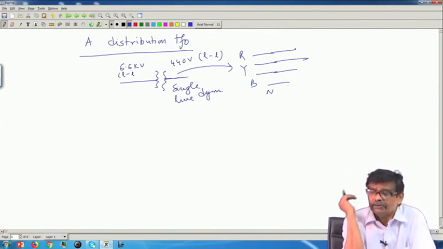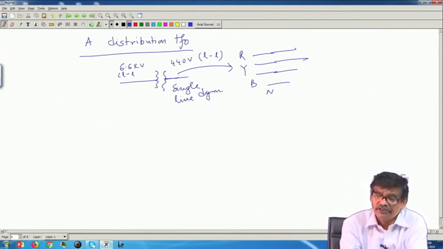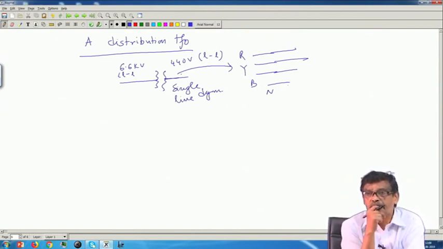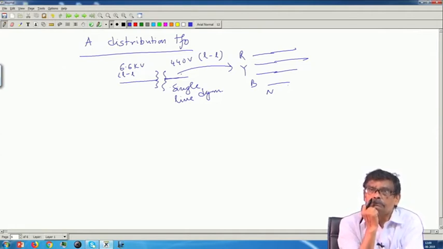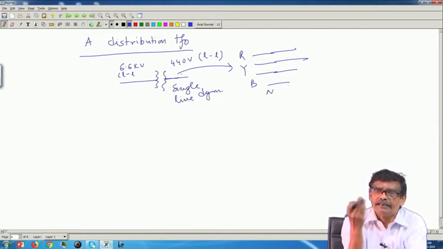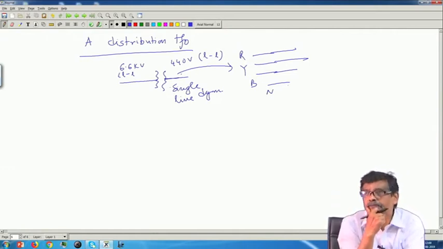For example, you can easily see the load on the secondary of such a transformer will be almost 0 during wee hours of the night, say midnight and beyond, because no lights or loads will be there, all people will be taking rest.